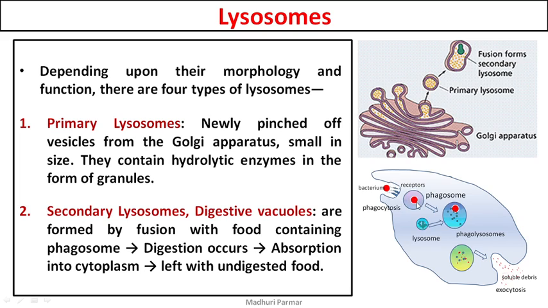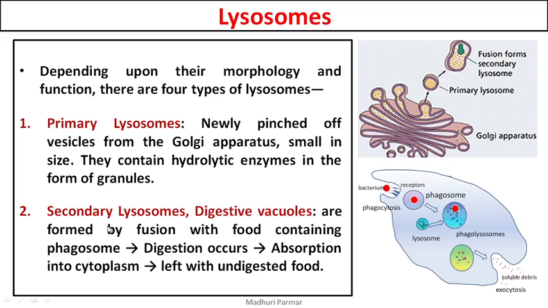Now this phagosome will fuse with the lysosome. Remember the primary lysosome we just talked about? These primary lysosomes will fuse with the phagosome, and when that happens, all the enzymes from the lysosome will start digesting the bacteria or whatever food particle is present in the phagosome. This fused vesicle or fused organelle is called a phagolysosome.